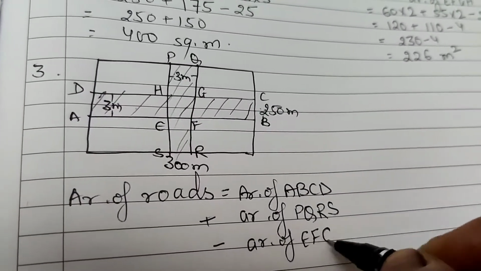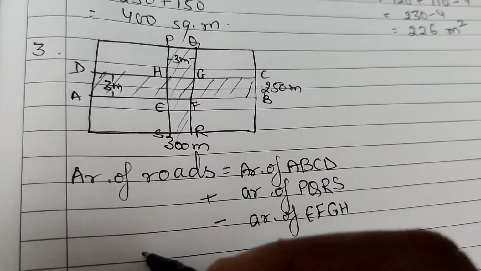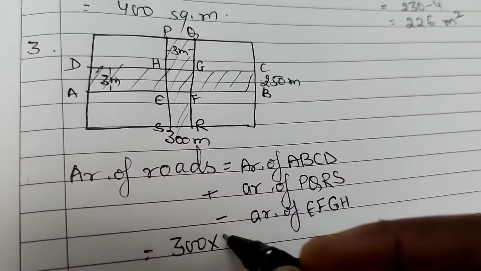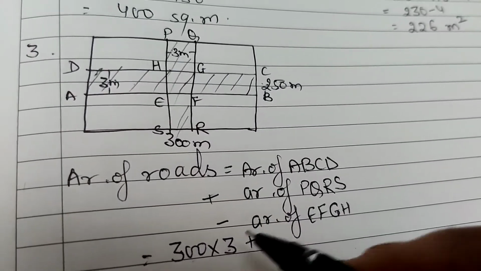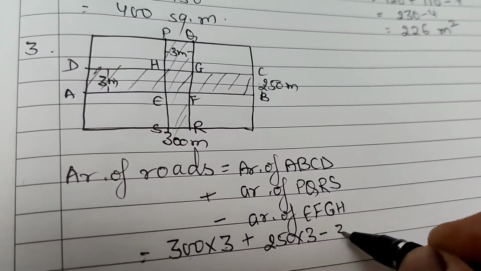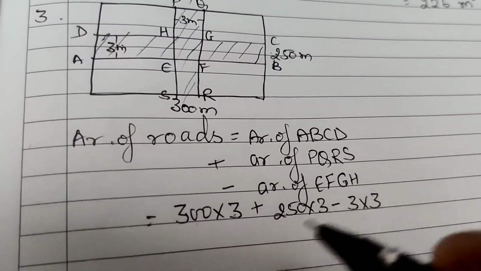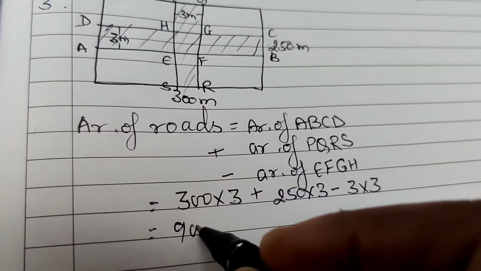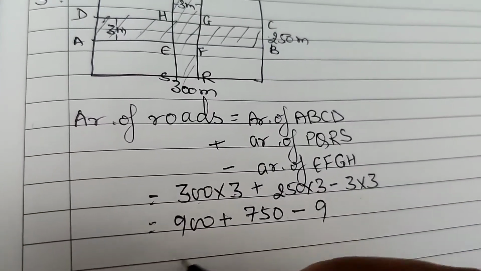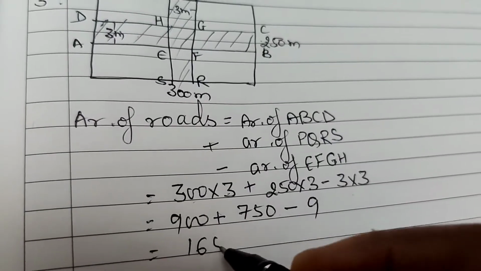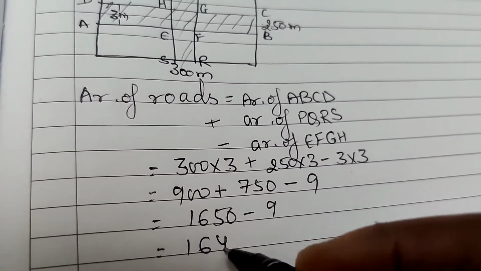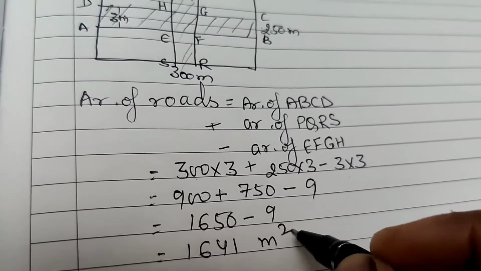Same formula. Now you can put the values. Area of ABCD means 300 into 3, length into breadth. 250 into 3 minus 3 into 3. 900 plus 750 minus 9. 1650 minus 9. It means 1641 square meter.